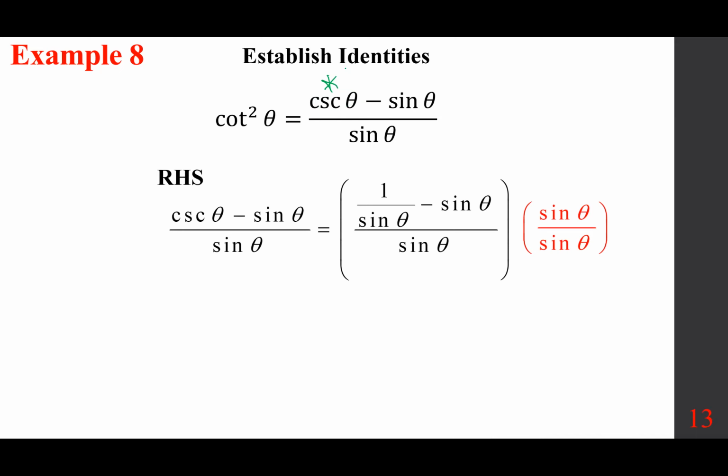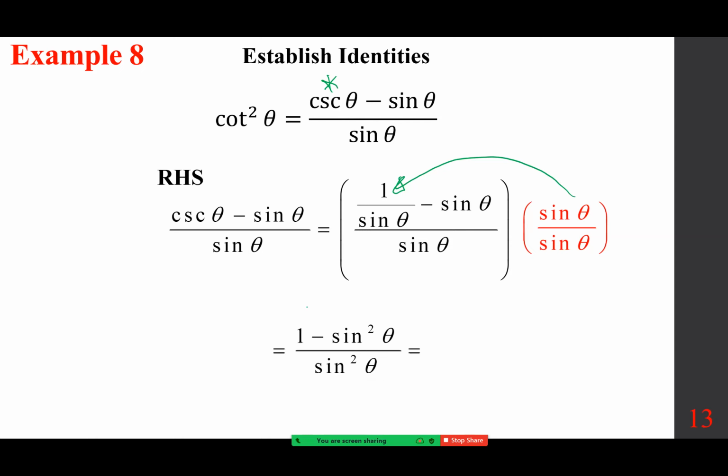So what happens is that when you multiply these two, you simply get 1. The others are simply sine squared. So you get 1, the rest of them become sine squared. So 1 minus sine squared over sine squared. The top is obviously cosine squared.